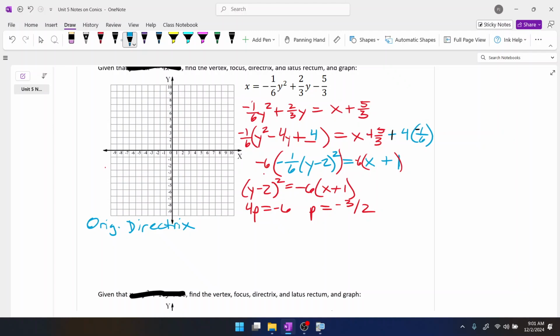The equation for the original directrix is going to be x equaling 3/2. And the original focus, and that's exam busters in case, is going to be located at negative 3/2, 0.